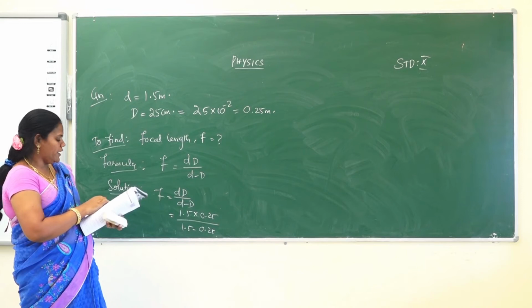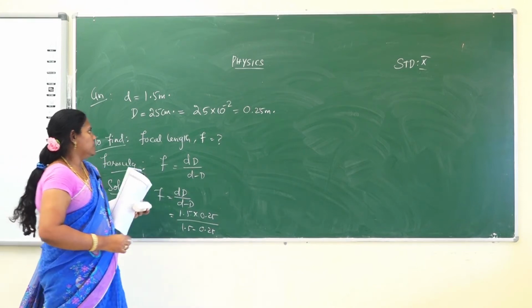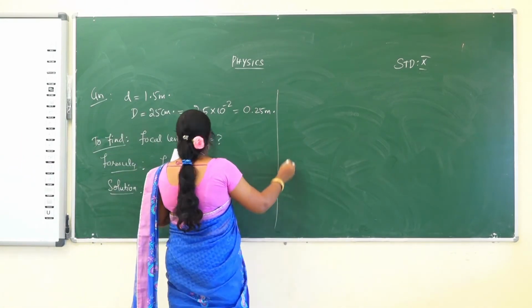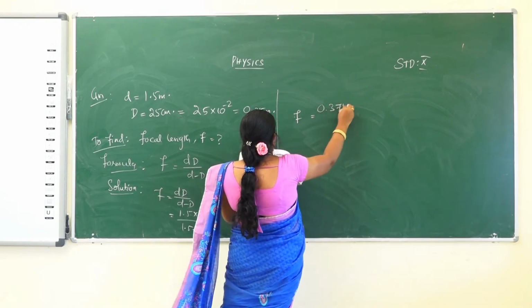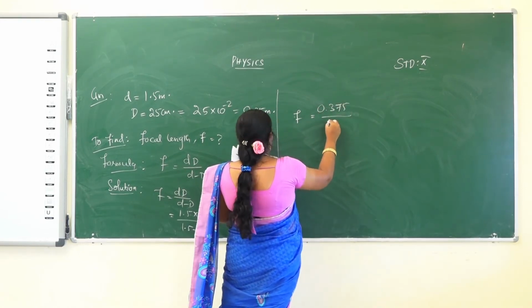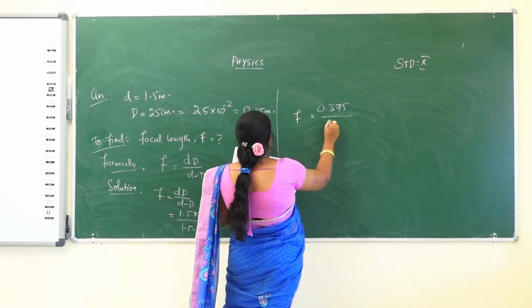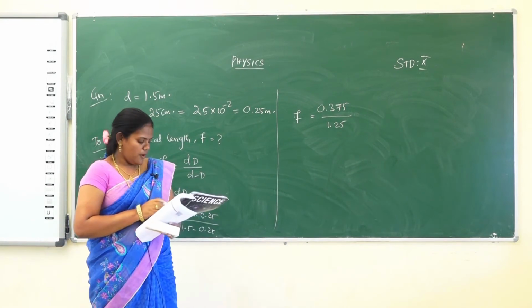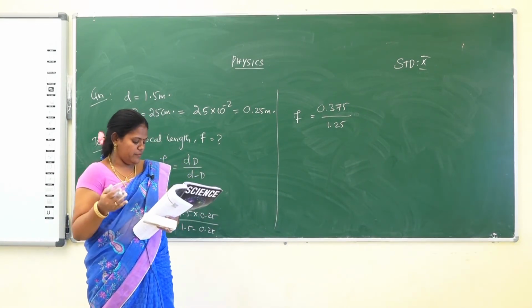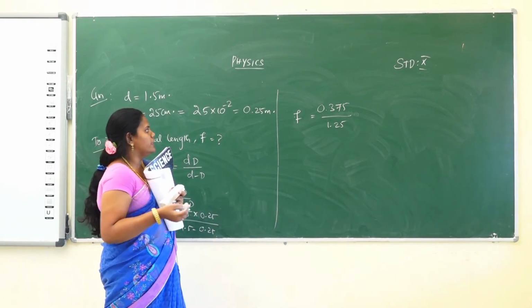1.5 into 0.25 is 0.375, so focal length F is equal to 0.375 by 1.5 minus 0.25, that is 1.25. Then 0.375 by 1.25. You have to divide the two values.